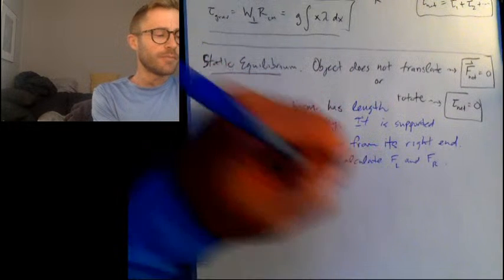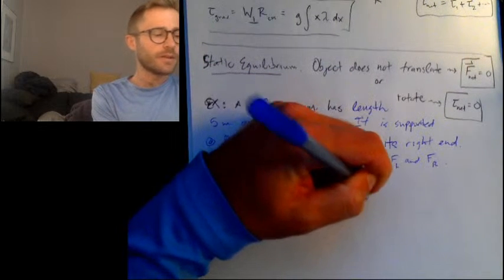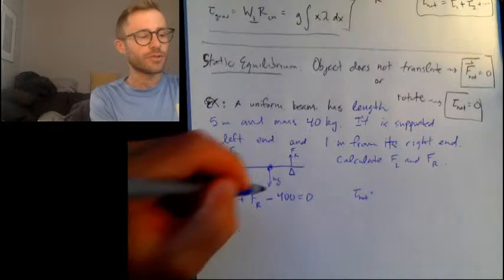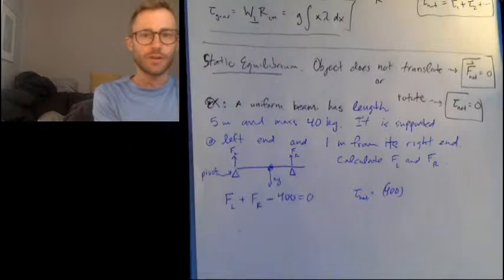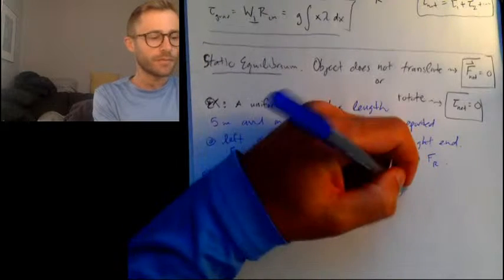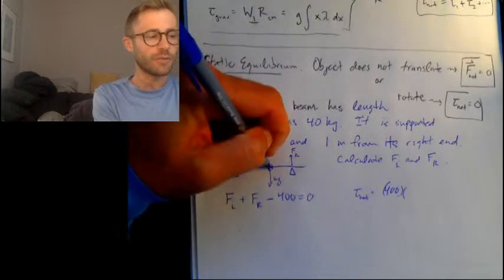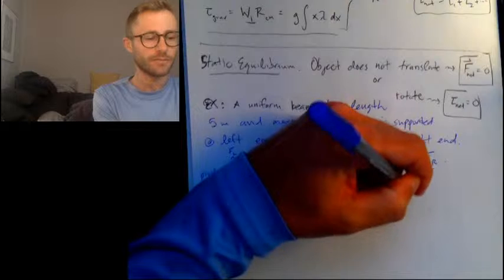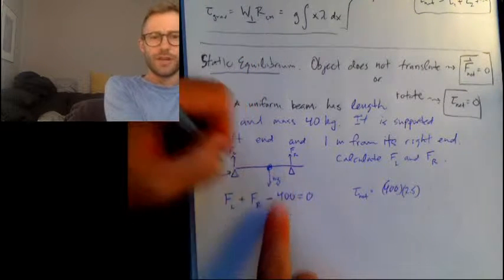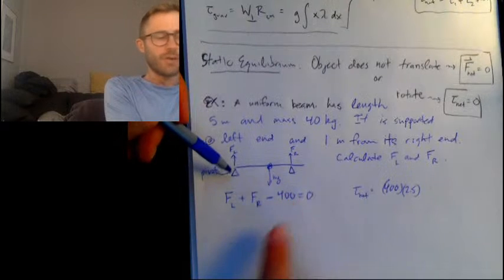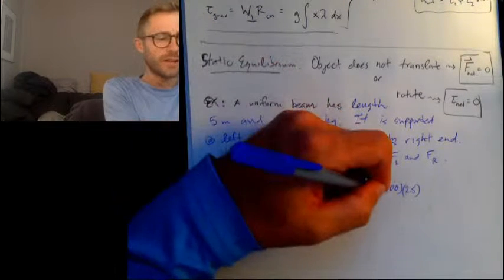The gravitational torque is going to be 400 times R, the distance from the pivot to the center of mass, which is 2.5 meters. Gravity would tend to rotate this beam in the clockwise sense around the pivot, so that's a negative torque.